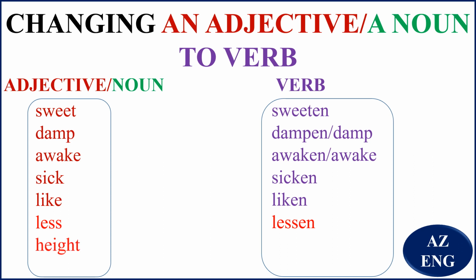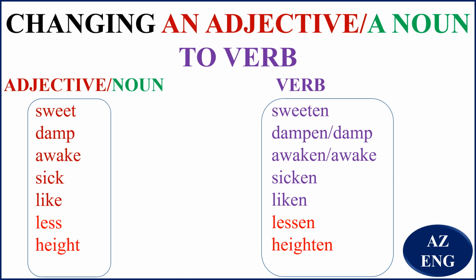Height. You see the color too? So height is a noun, but there's a reason why you have it in that color. That is what I'm going to explain. Height, talking about how tall something is, up, down, something like that. When we say heighten, it is a verb now. So when we say heighten, it does not mean making something taller.